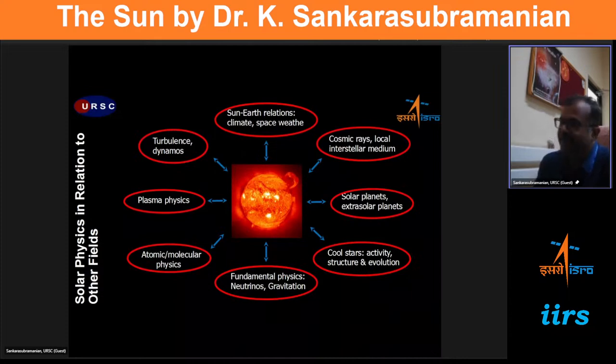For example, confinement of the plasma is done through magnetic field confinement, and of course, we do see this magnetic field confinement of the plasma on the sun. One of the biggest challenges we have on Earth is to confine the plasma for a longer period. We are not able to confine them for a longer period.